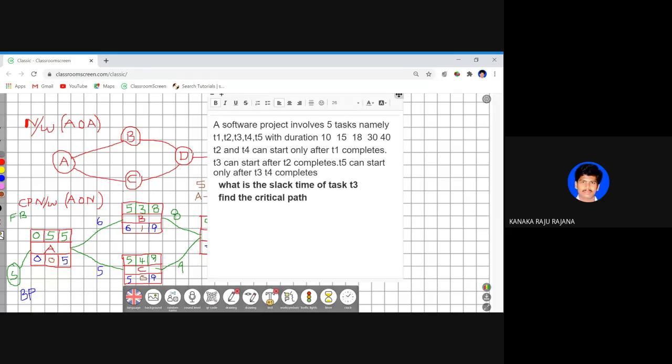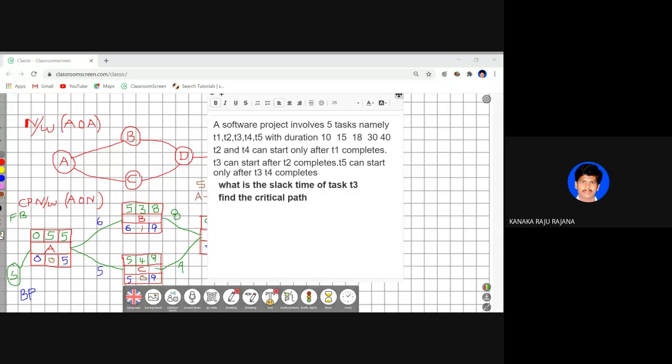Is the question clear to you? Use your chat box and message me. Okay. I have typed the entire question on your screen. Only thing is you need to solve 2 main steps.